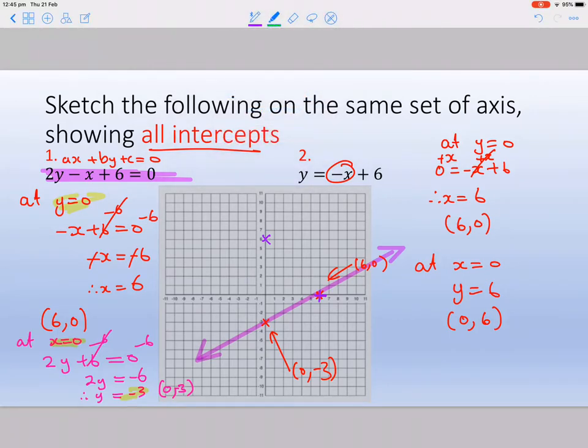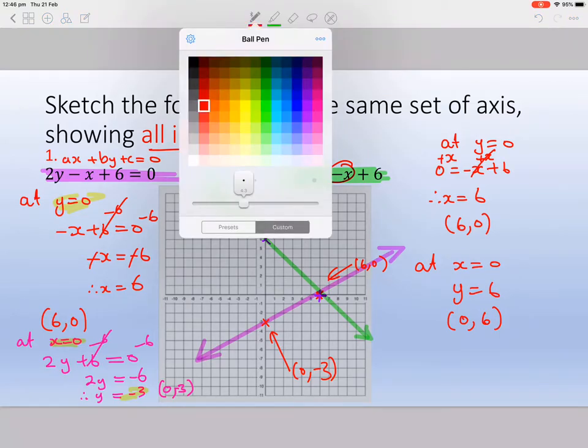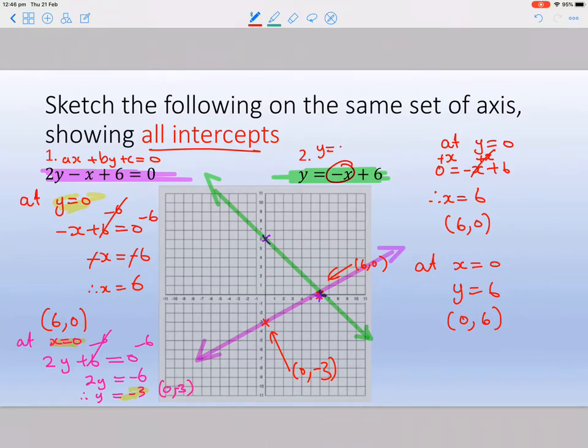I'm going to use green, and I'm going to draw it as best I can. Okay, that's pretty good. All right, so that is this line here. And that's written in gradient-intercept form, which is y equals mx plus b, where m is your gradient and b is your y-intercept.